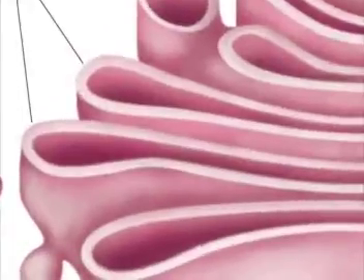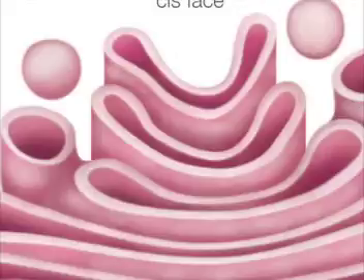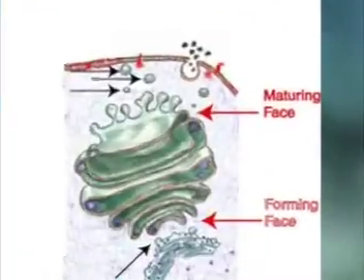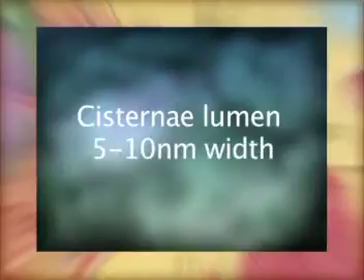The curvature gives a polarity to cisternae. There is a convex, formative face, and a concave, that is maturation face. The concave face is towards the plasma lemma. A cisterna encloses a space or lumen of 5 to 10 nanometers width.